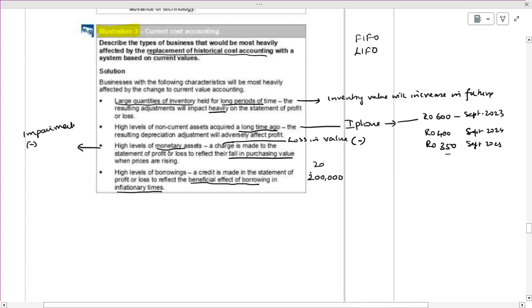This happens in 2023. In 2024, what will happen? Definitely, we are taking the historical cost only. There is no doubt on that. But when you are comparing 2023 with 2024, the concept of time value will come.